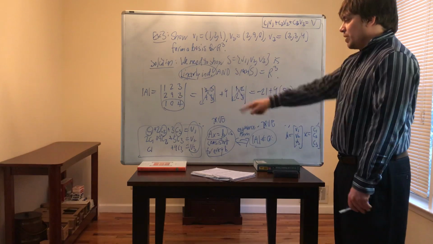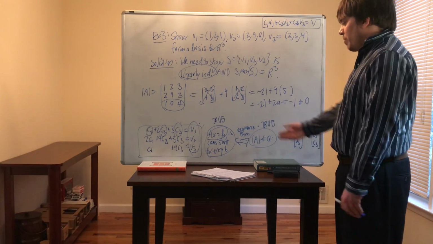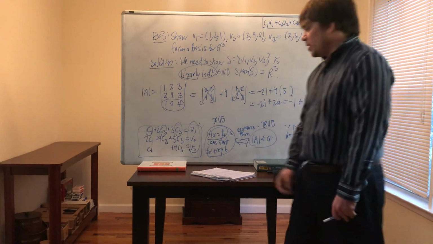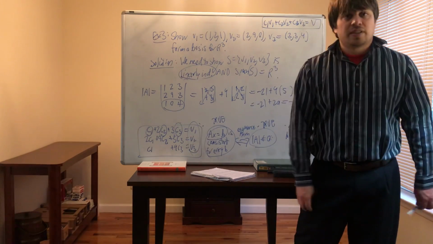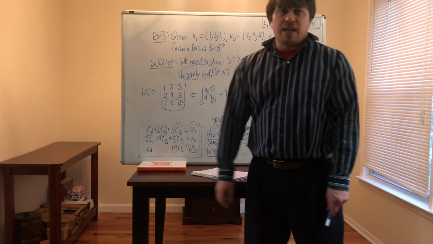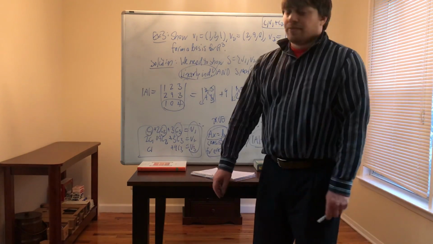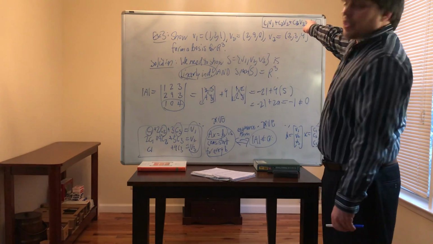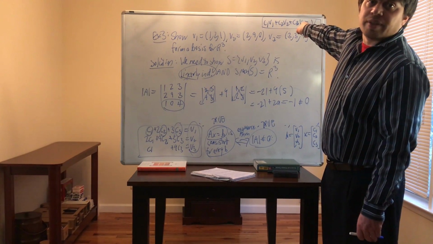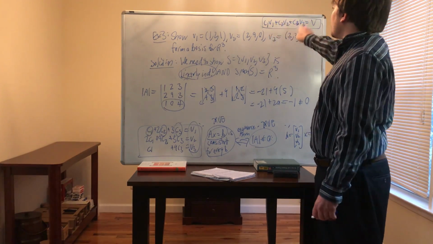So the determinant of the coefficient matrix is non-zero, and by the equivalence theorem, you can plug in any values and the linear system has at least one solution. Which means that equation has at least one solution. The solutions are assignments for all the c's there.